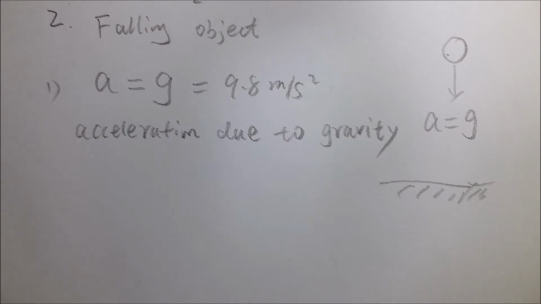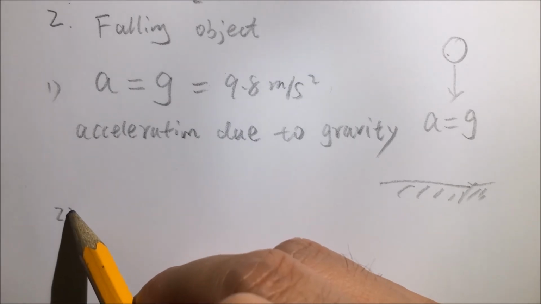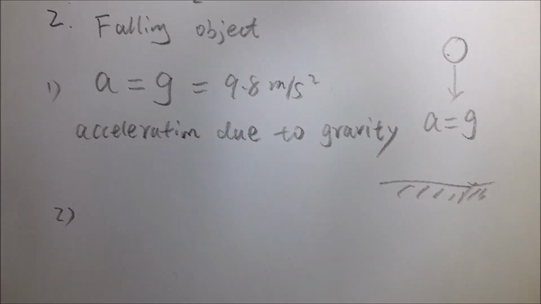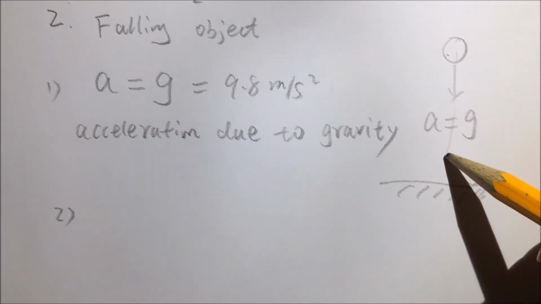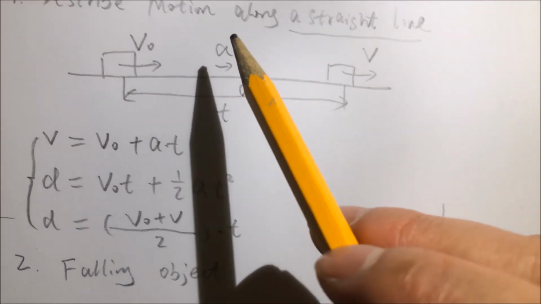Well, the falling object has many different cases. We first talk about the free fall, which is the object just released from rest. Well, before doing so, I want to remind you that the object moving down is still the motion along a straight line.